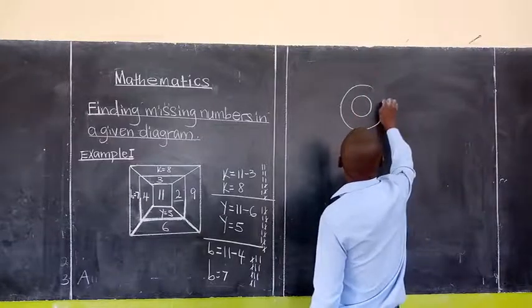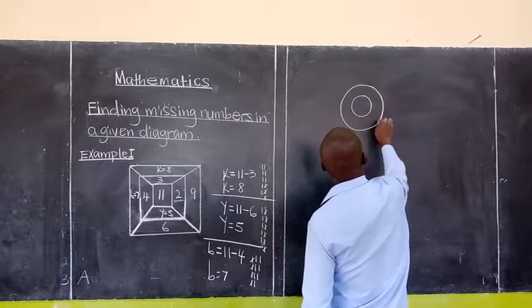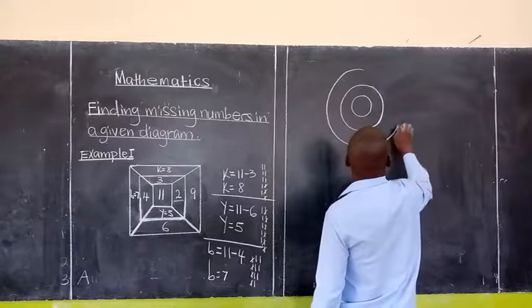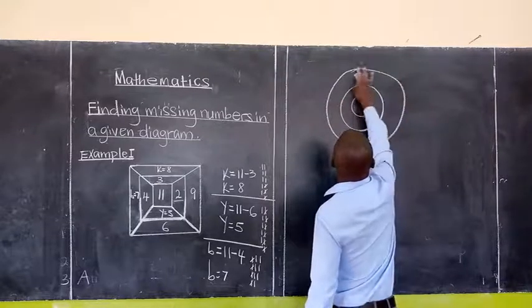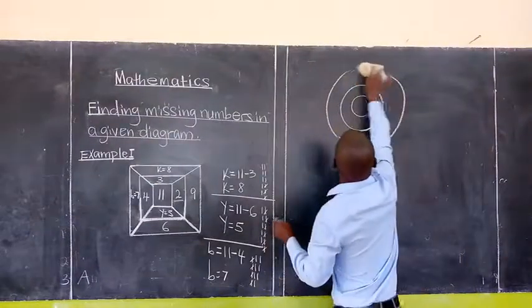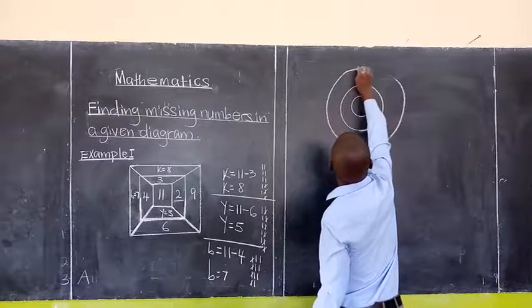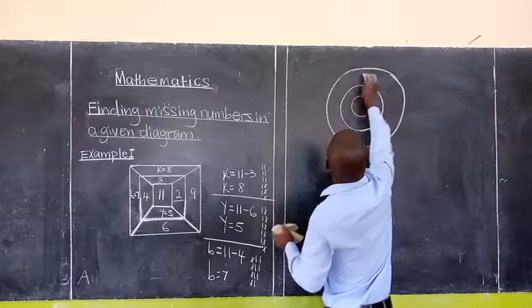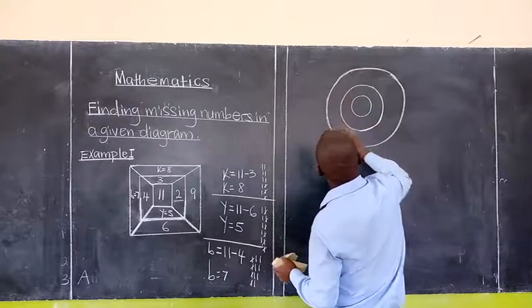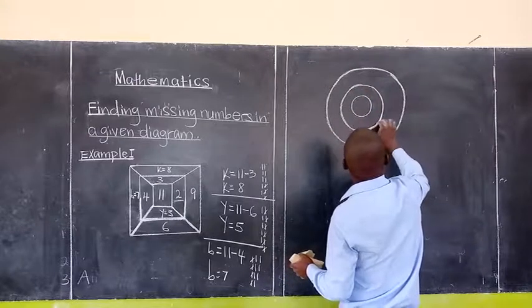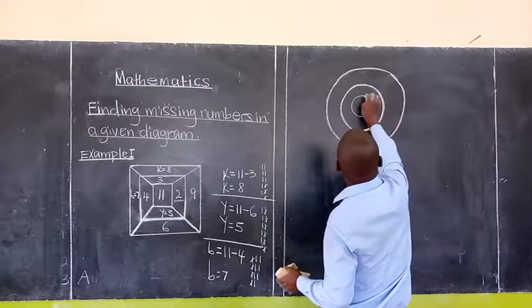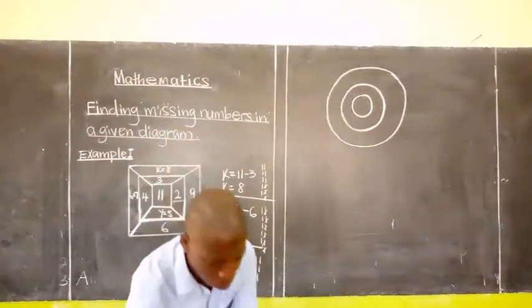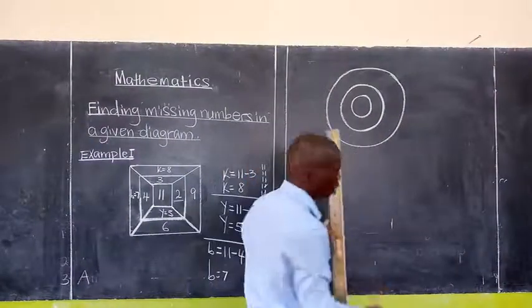You can get your diagram in circular form, that is in the form of a circle.